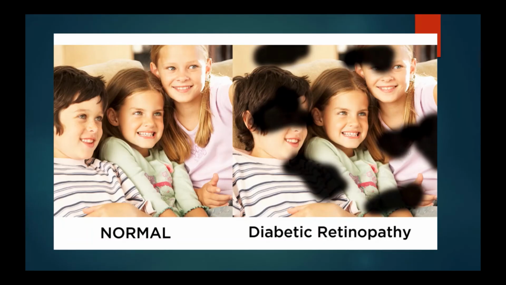So as a diabetic patient with these changes, generally the early signs or early changes don't really give you any symptoms. That's why in a lot of cases patients don't really notice until it's quite late.